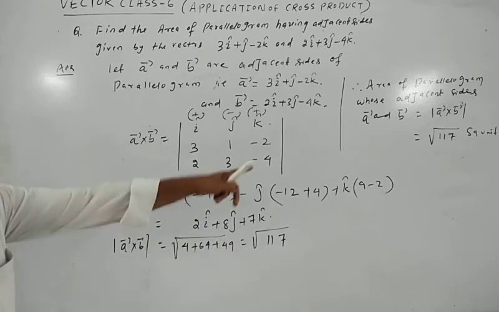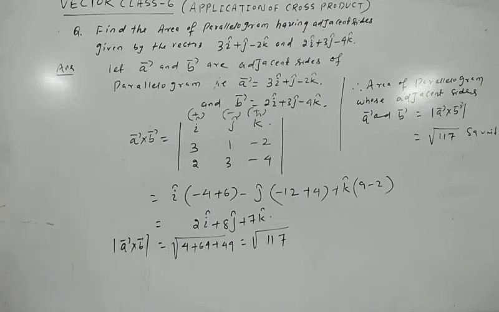So we write root of 117 square unit. Okay, this is the area of a parallelogram whose adjacent sides are given, root of 117 square unit.